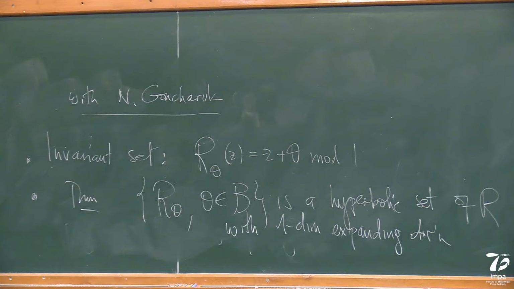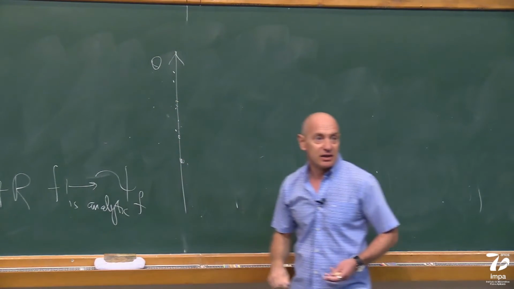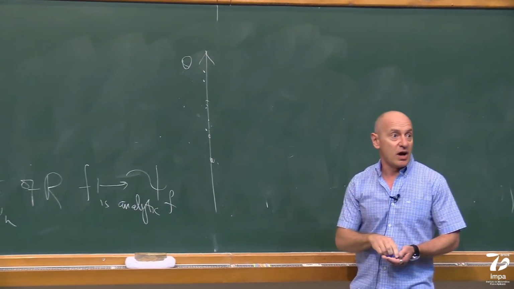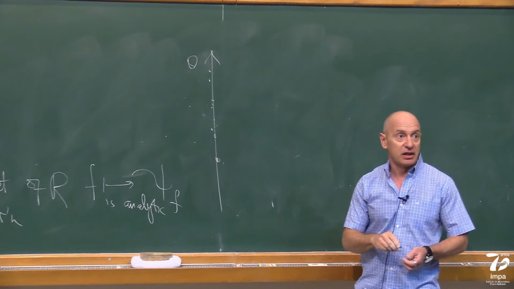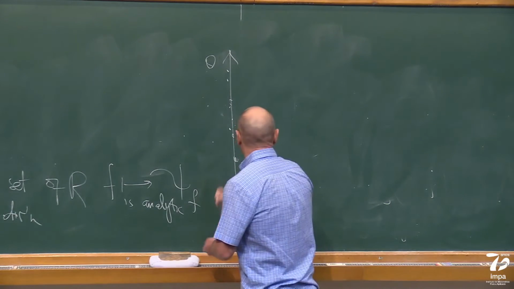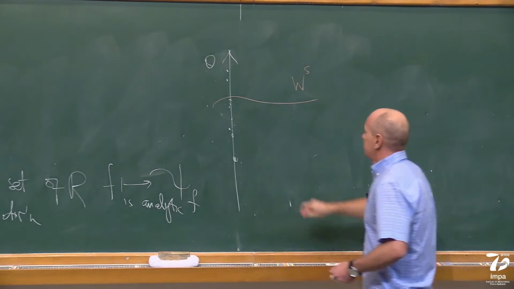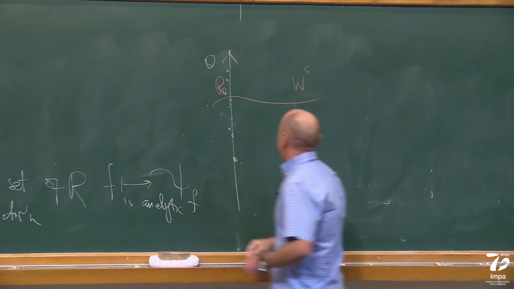Okay, so now here's a picture. So this is the theta axis. These are the Bruno rotations. They're actually dense here. And for each one, you are going to get a manifold, a stable manifold. So this is our theta.